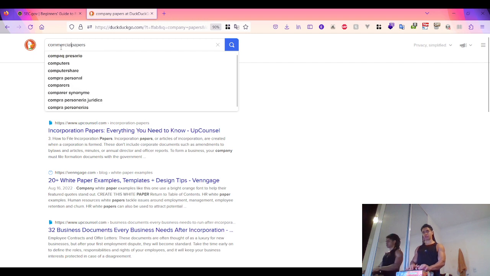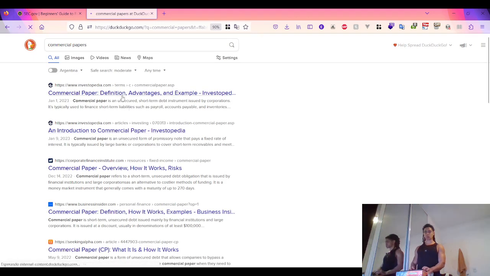Commercial papers are unsecured short-term debt instruments issued by corporations. So these investment firms select which of these commercial papers they want to buy.